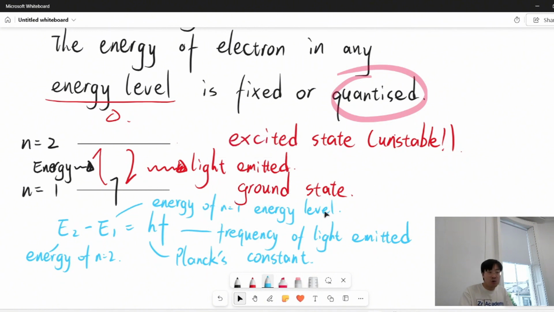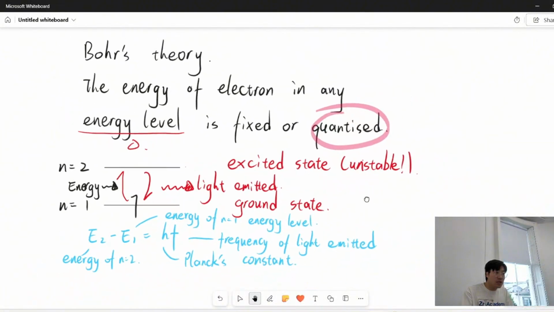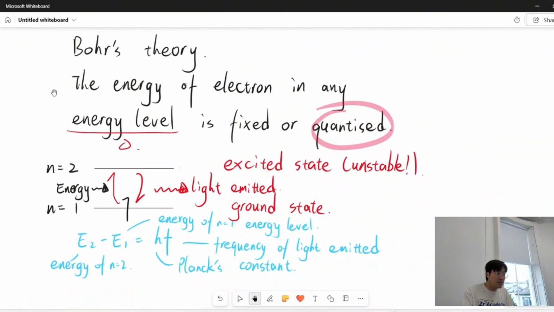And the same works for blue color. The reason why you see this as a blue color is because it has a certain frequency of this type of light. And that is Bohr's theory.